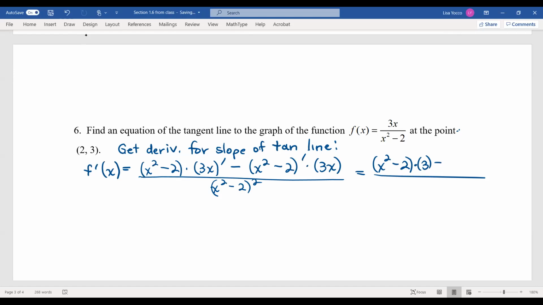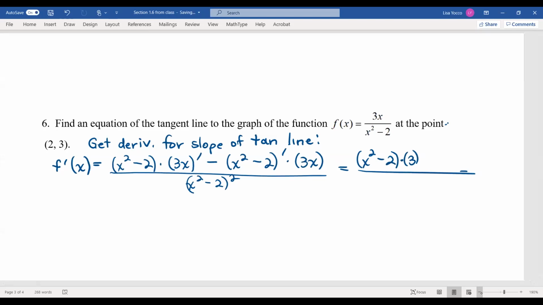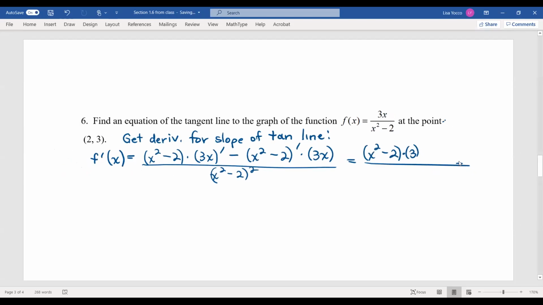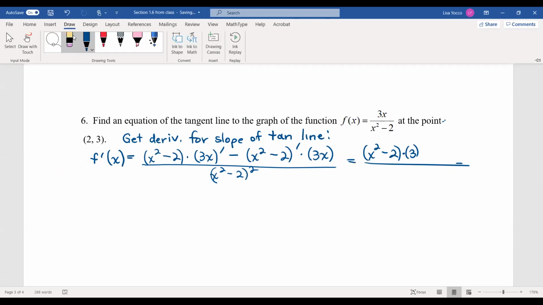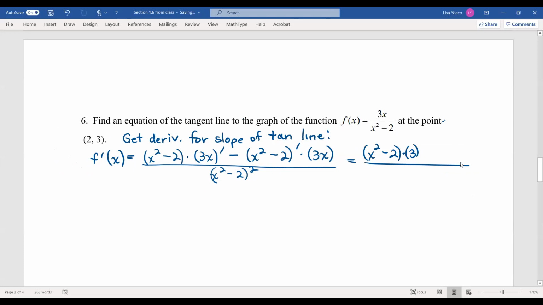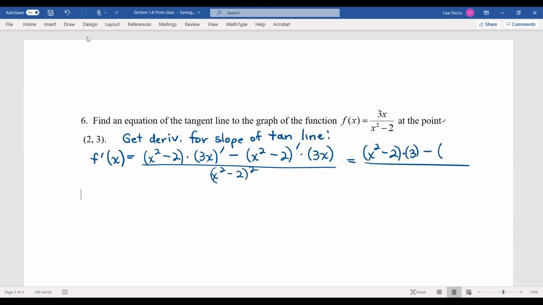On the other side, okay, that goes down there underneath that. Okay, so minus, now the derivative of x squared is 2x, and the derivative of 3x we just keep.